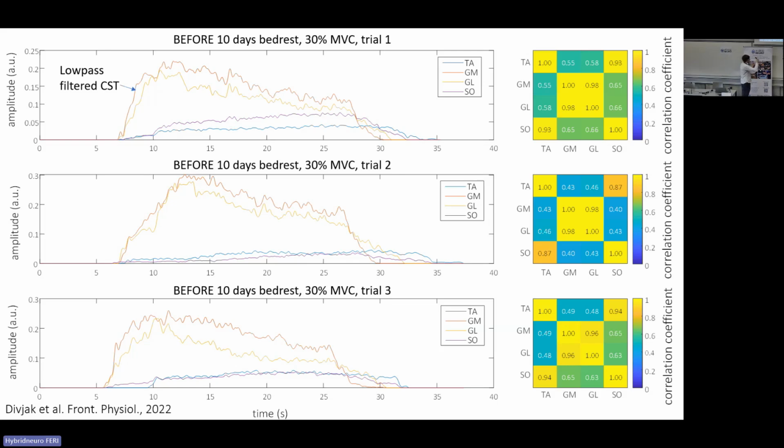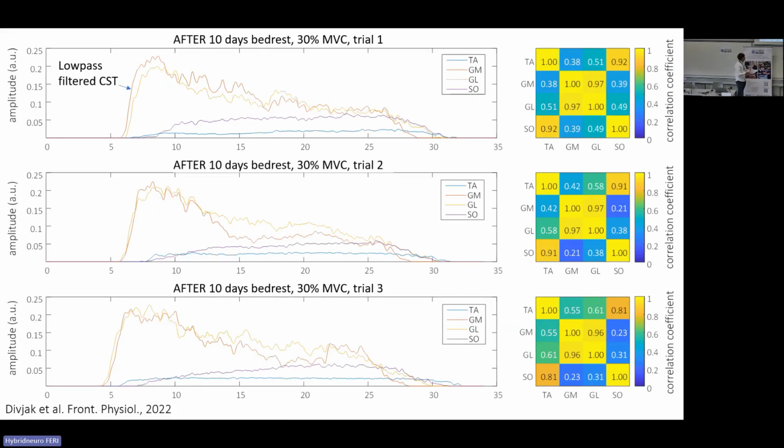We can see that these are the 3 trials for the same person, and we can see the same results over 3 different trials. The matrices are kind of the same regarding the values. These signals are kind of special. They are from a bed rest study, and these are from before the 10-day bed rest.